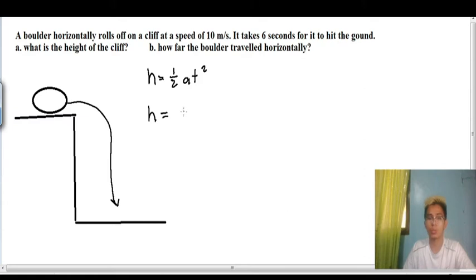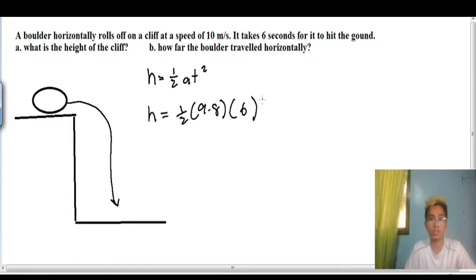Height is equal to 1/2 times your acceleration, 9.8, times your time, which is 6 seconds, squared. So height is equal to 9.8 times 1/2, which is 4.905, times 6 squared, which is 36.